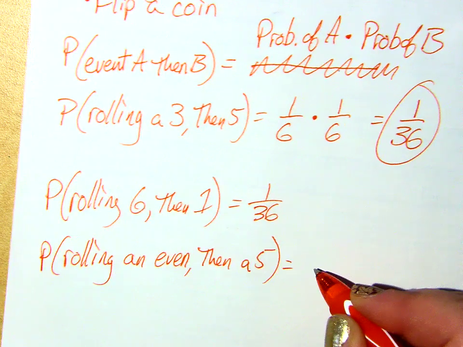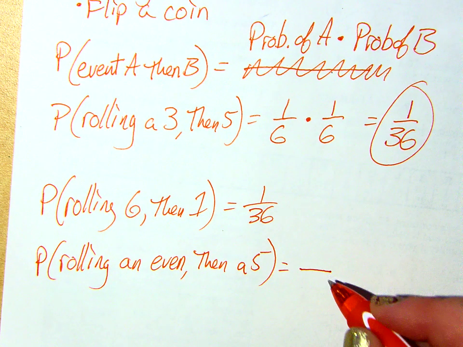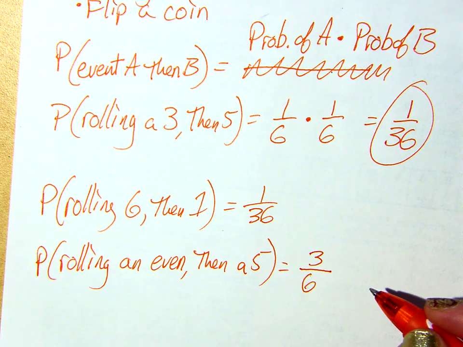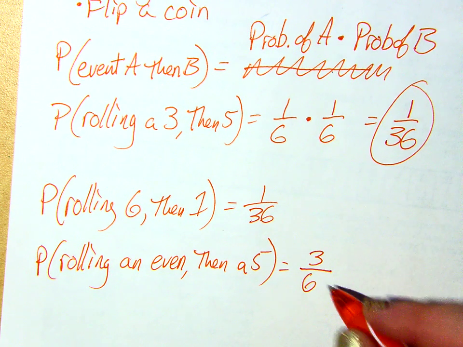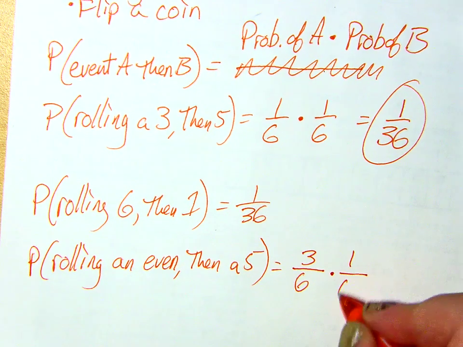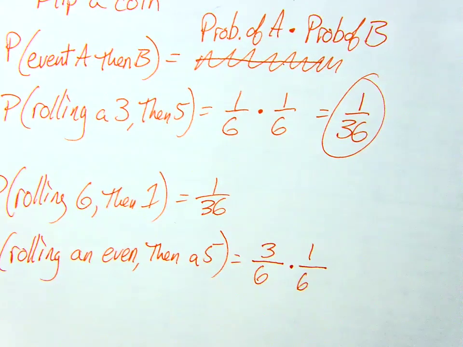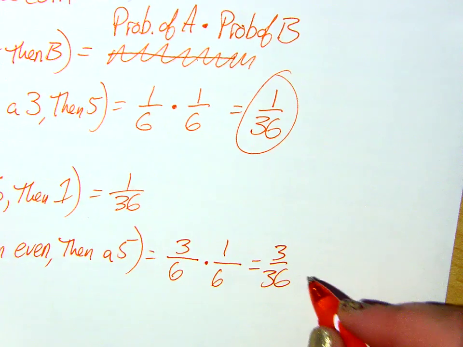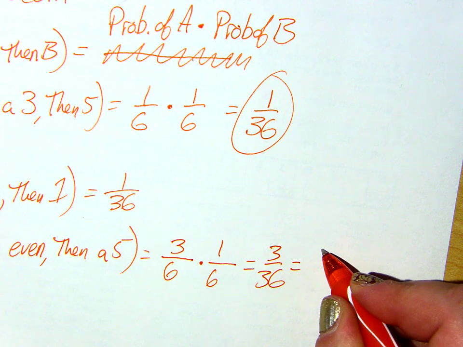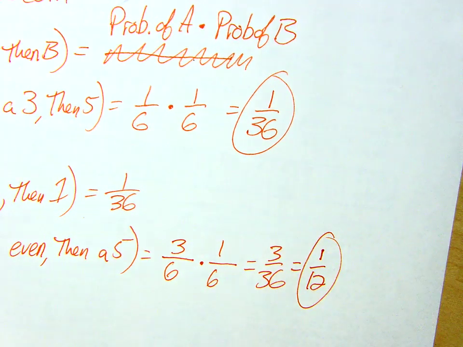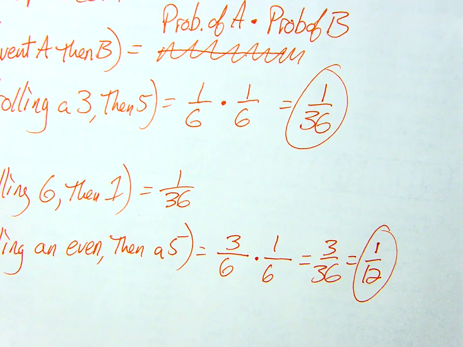Tell me how you got there. What's the probability of rolling an even? 3 out of 6. Does everybody agree? Because you've got 3 evens out of 6 total, yes. And then rolling a 5 would be 1 out of 6. So if you multiply straight across, you said 3 out of 36? Which is really 1/12. Yes.